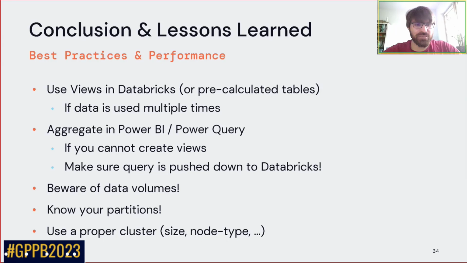So that's probably the most important part for the cluster definition. The size very much depends on the data volumes that you want to load and also on the performance that you need and expect. So yeah, you probably need to play around a bit with the different sizes and node types, but I'm sure you will end up with a good configuration of your cluster.